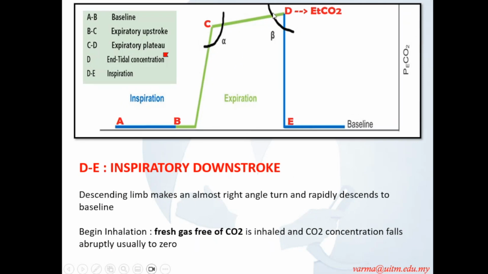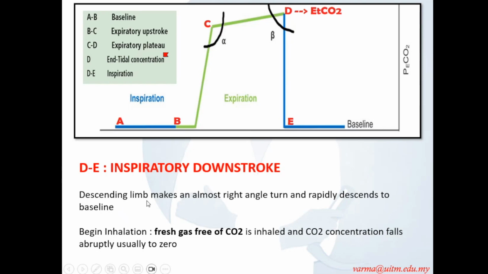Next, from the moment the exhalation phase stops, the patient starts inspiring. As I mentioned, inspiratory air does not contain carbon dioxide. Thus, there is a rapid downstroke, a rapid descent of the graph from high end tidal CO2 to baseline of 0, as long as the patient is not rebreathing.